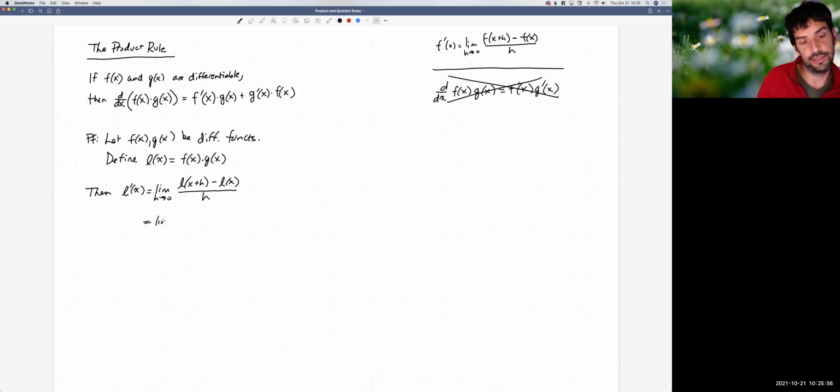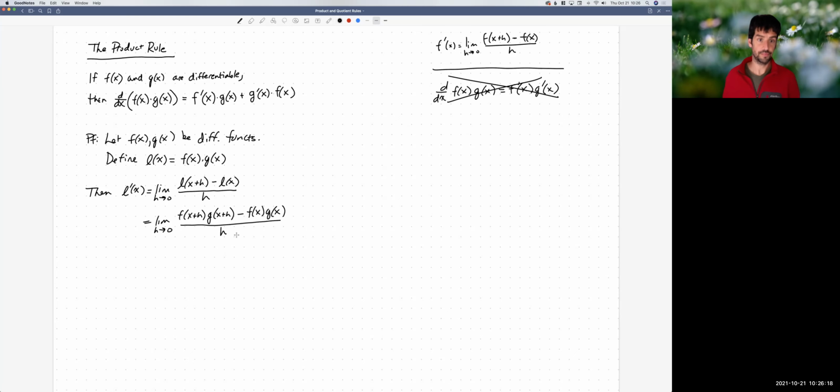So now I'm just going to put in the definition of what L is. It's the product of f and g. So L of x plus h is f of x plus h times g of x plus h, minus f of x times g of x, all over h. Okay.